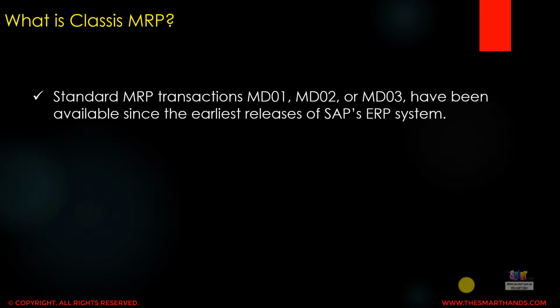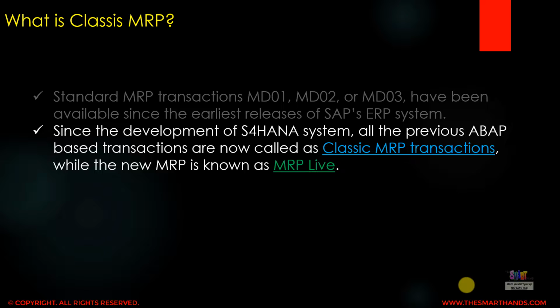The standard MRP transactions MD01, MD02 or MD03 have been available since the earliest release of the SAP ERP system. Since the development of S4HANA, all the previous ABAP based transactions are now called classic MRP transactions, while the new MRP is known as MRP Live, which is MD01N.